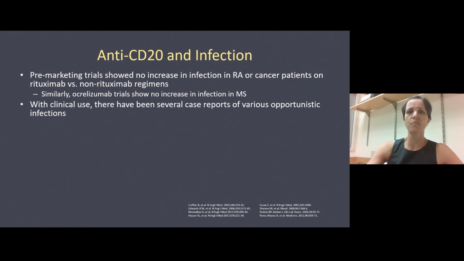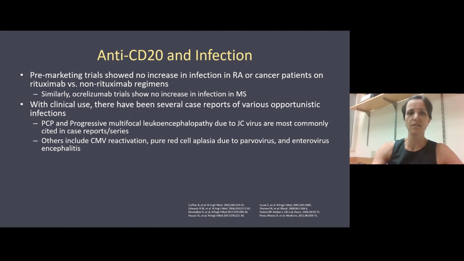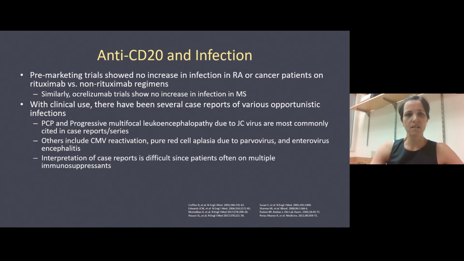But with clinical use, there have been a lot of reports of opportunistic infections. It includes things like PCP and PML due to JC virus, but also things like CMV reactivation, pure red cell aplasia due to parvovirus, and enterovirus encephalitis. But the large caveat to this is that you have to think about who these patients are.